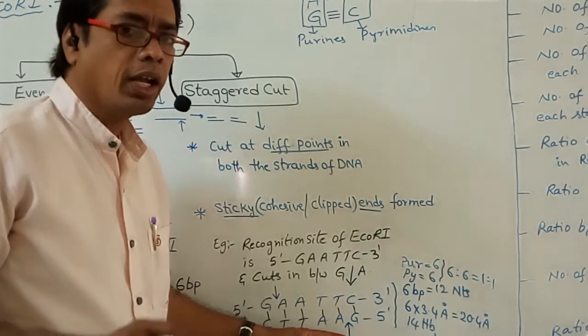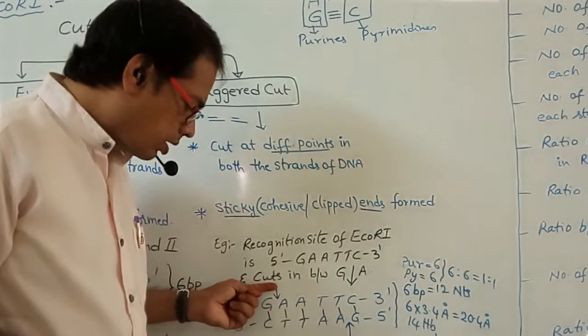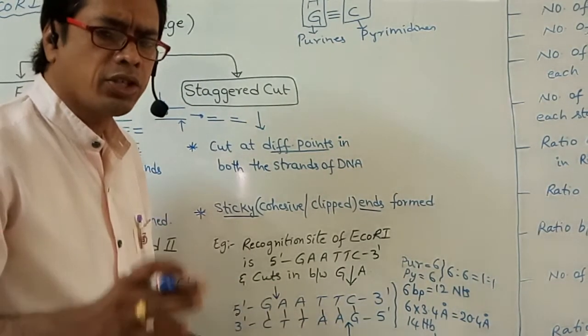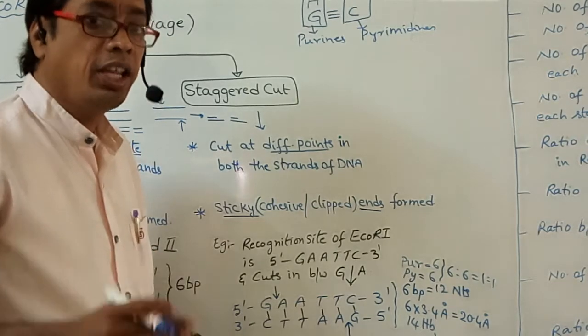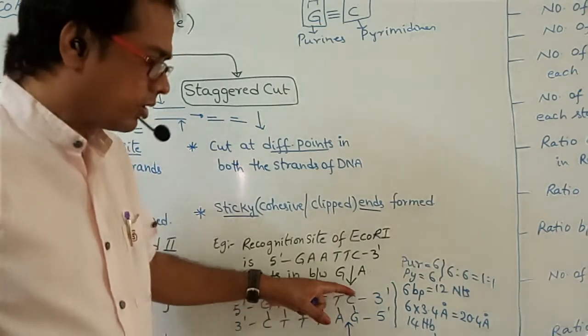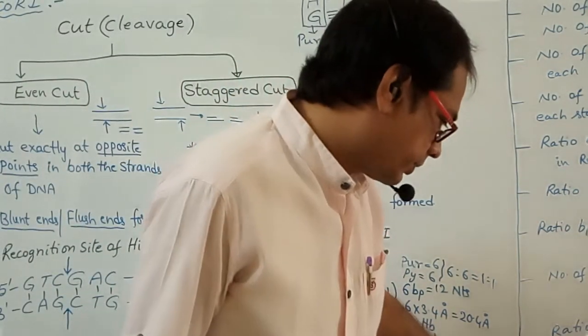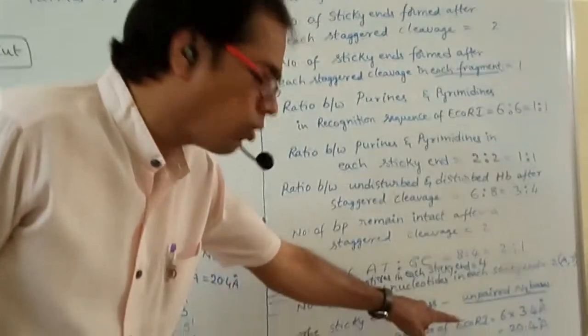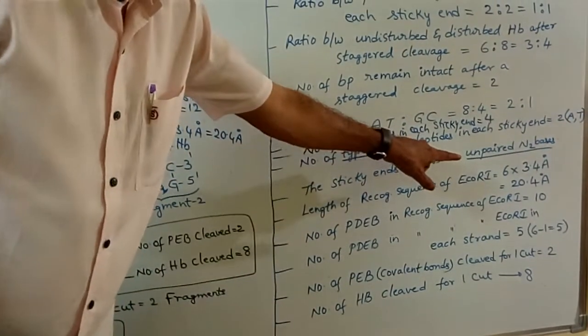How many are cleaved? Cleaved means breakage. Number of phosphodiester bonds present in each strand, we have to say 5. Number of phosphodiester bonds in the recognition sequence of EcoRI means 10.